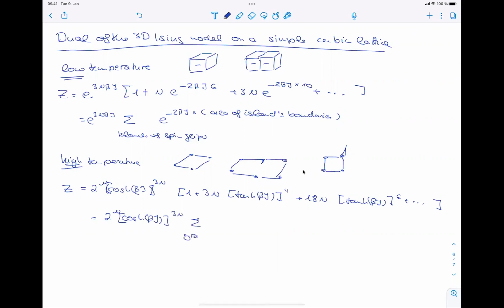We'll be summing over graphs with 2, 4, and actually now we also have 6 possible lines, because we're in 3D, 6 lines per lattice site. And then here it's to the power of the number of lines.